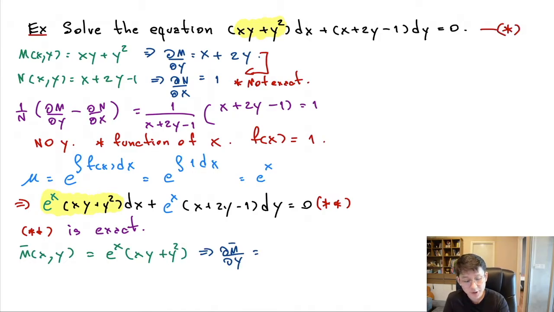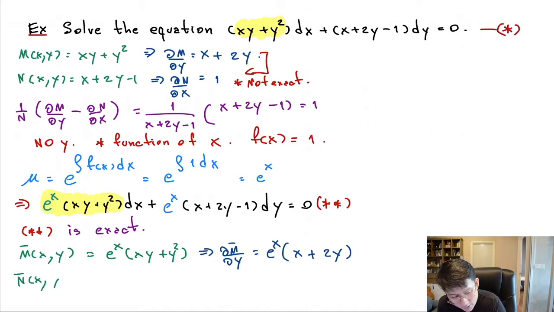We take the derivative by y, right? So x is a constant, so I don't care. It's e to the x here, and then d of xy is x, and d of y squared is 2y, and that is my dm bar by dy. And again, guys, n bar xy equals e to the x times x plus 2y minus 1.